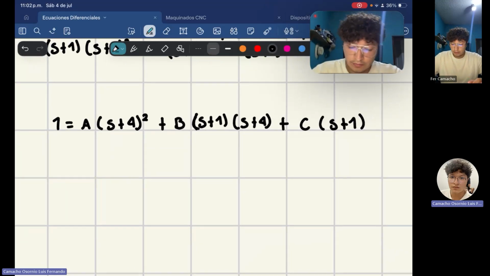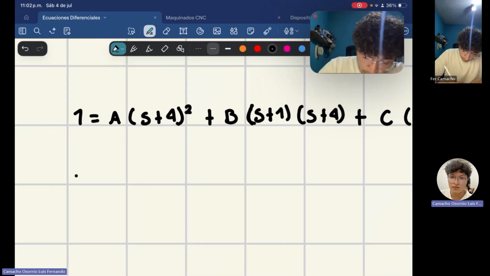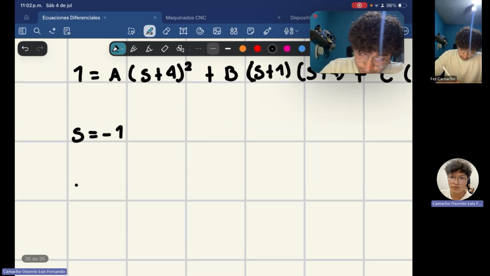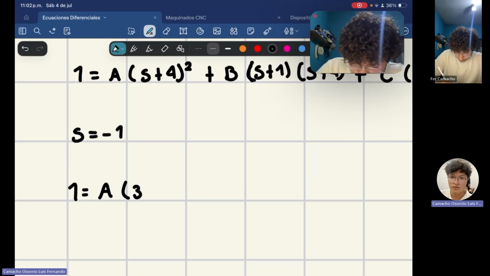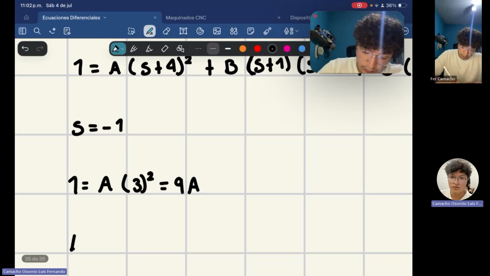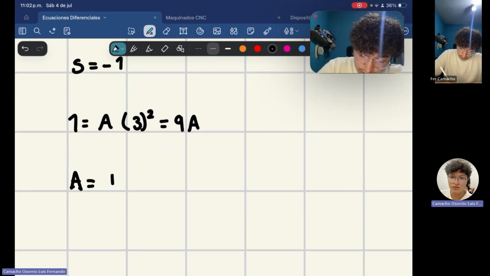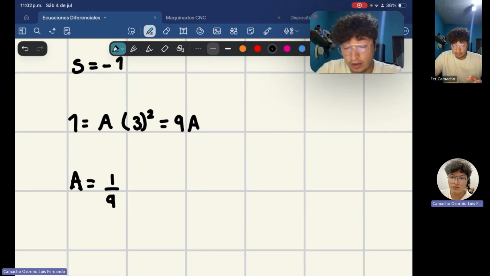And we're going to apply values to eliminate some unknowns. First, s is equal to 1. So A is equal to 1 over 9.